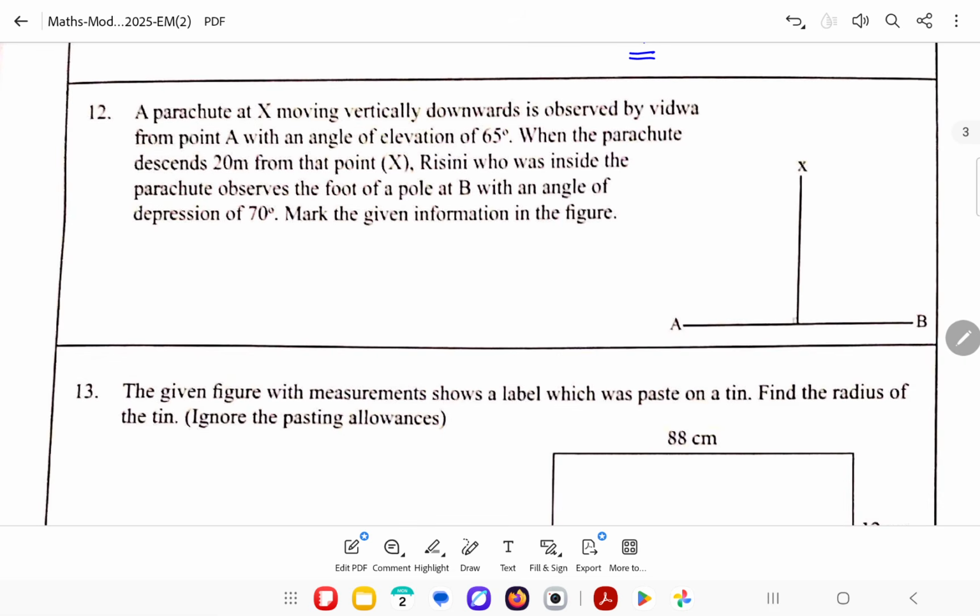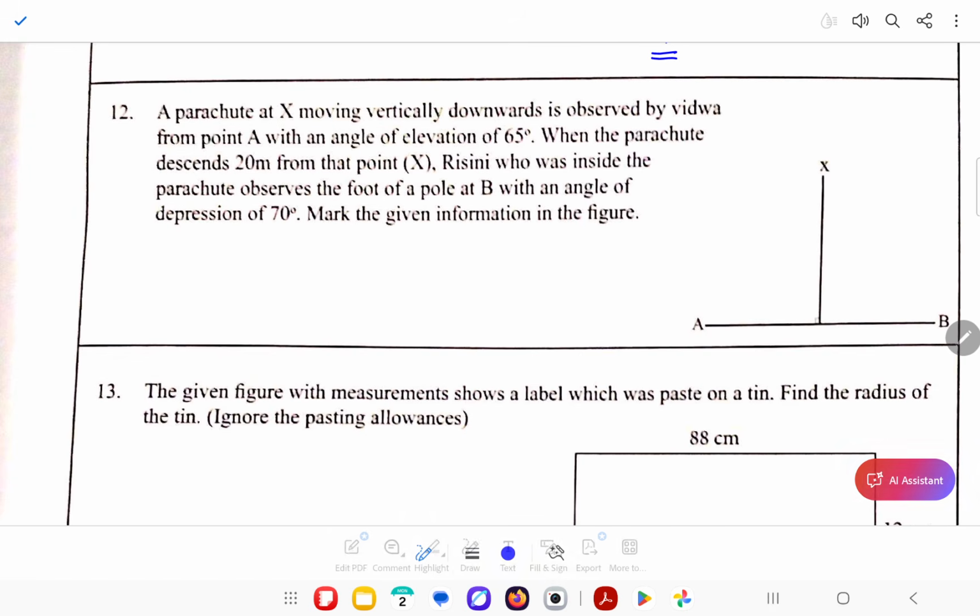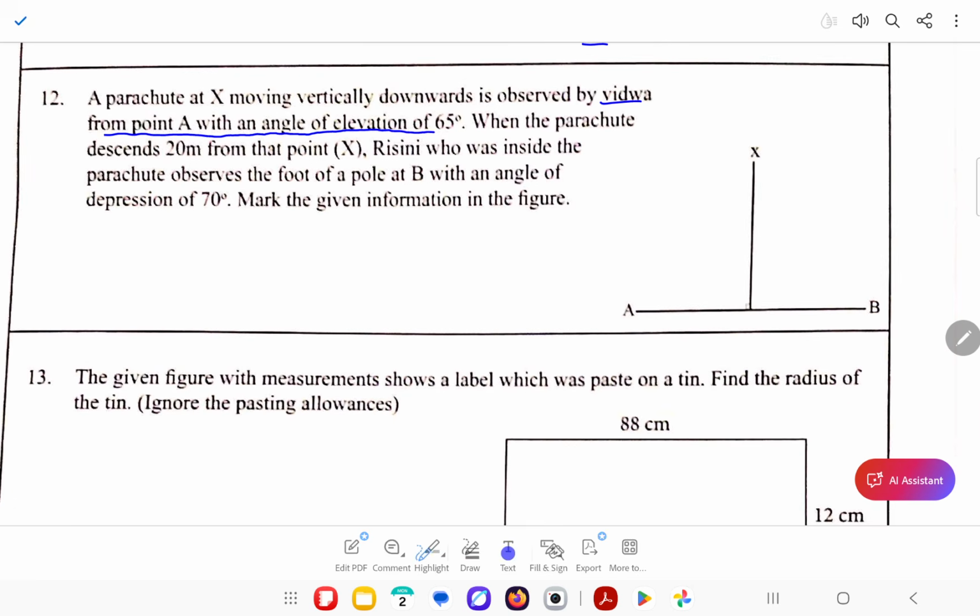So we'll first mark this one. Vidva from point A with an angle of elevation 65 degrees. So he observes X at an angle of elevation 65 degrees. So that is marked. Then parachute descends 20 meters.